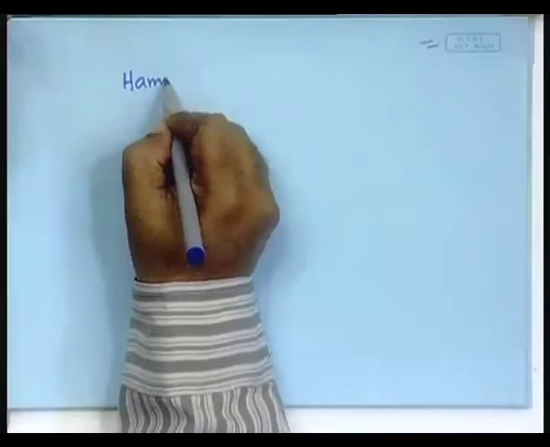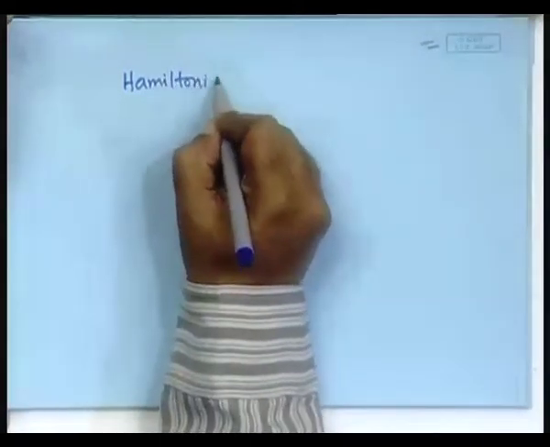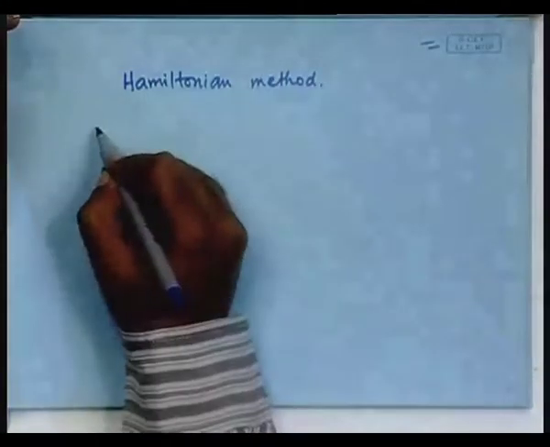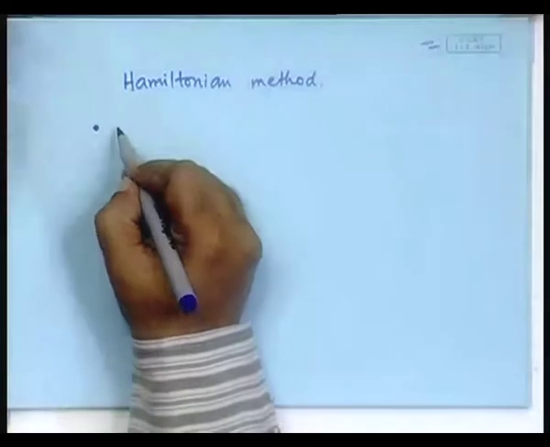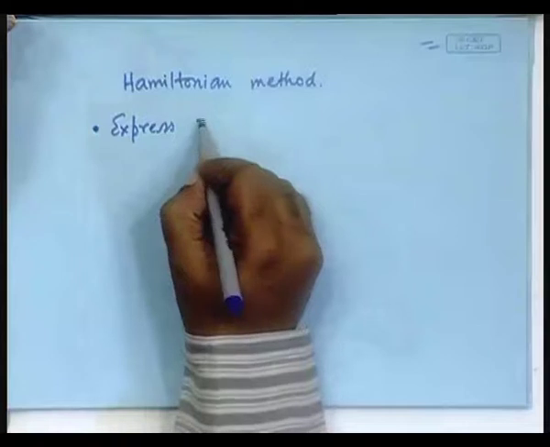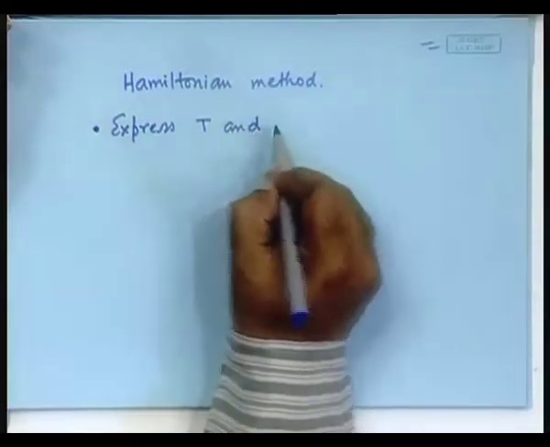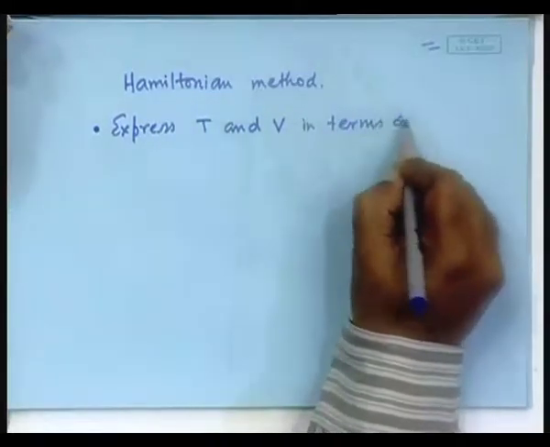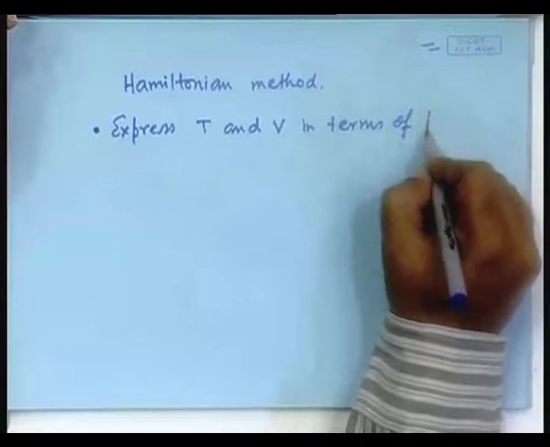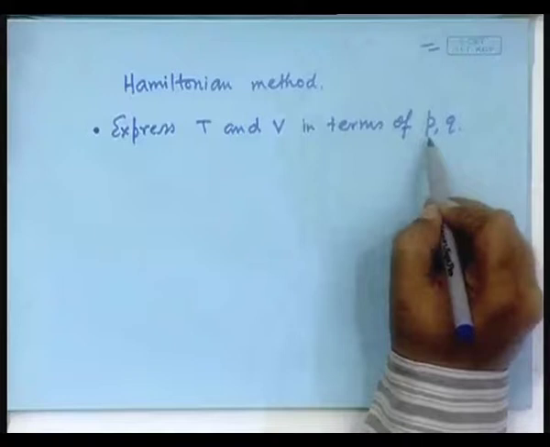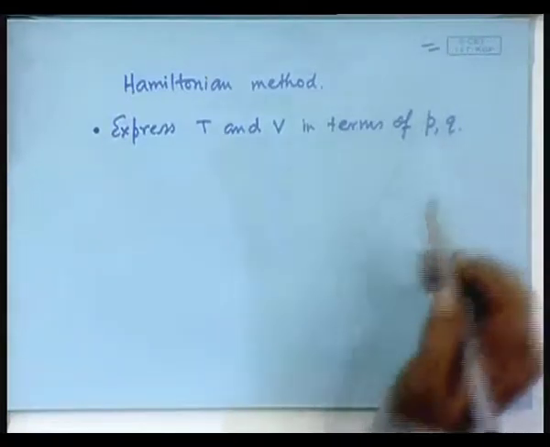In the Hamiltonian method, we first express T and V in terms of what? P and Q. In the Lagrangian method, we wrote it in terms of Q and Q dot. So, there lies one difference.